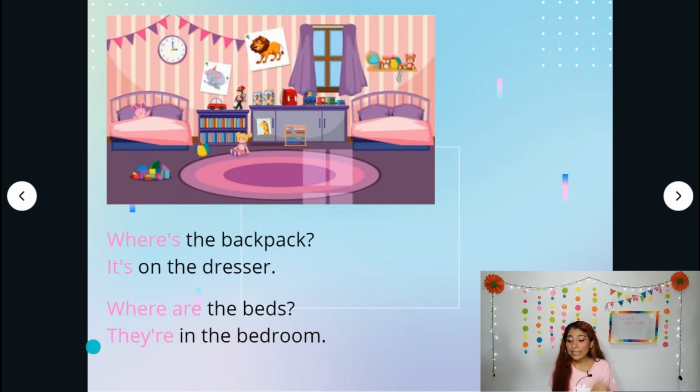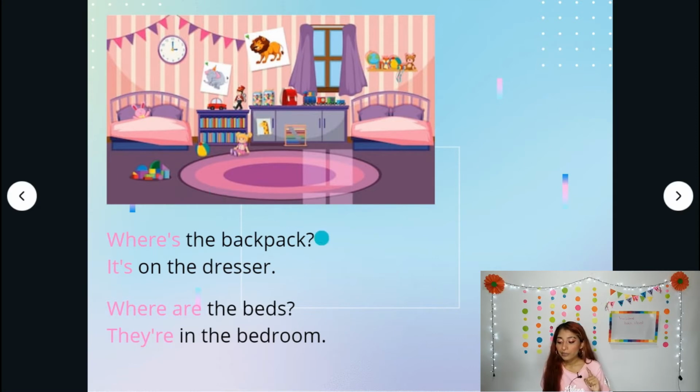So we might say, instead of saying it's, we are going to say they're or they are. They're in the bedroom. Okay, here we have another preposition of place. In, dentro, remember? In the bedroom. So let's pay attention to it.